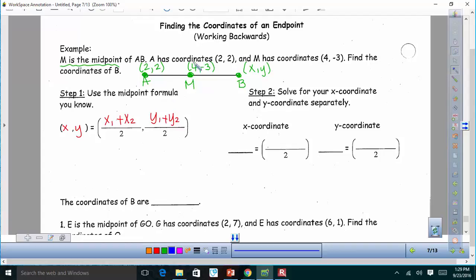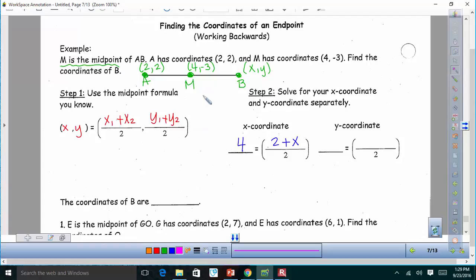So what is my x coordinate of my midpoint? 4. Okay? So remember, our x midpoint equals endpoint plus endpoint divided by 2. So our midpoint is 4, and that's going to equal our first endpoint, 2, plus our second endpoint, which is x. Let's go ahead and fill in our y.